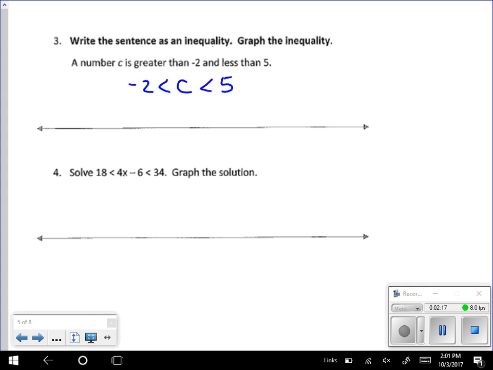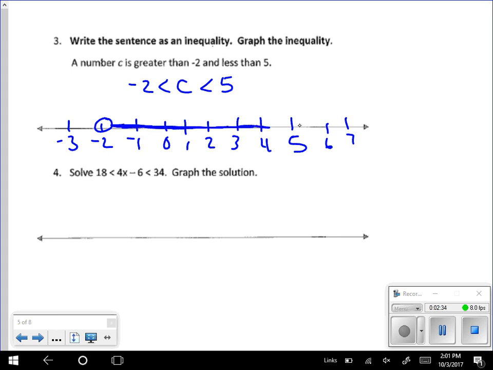So if we were to graph this, we could do an open circle at negative 2, but it's greater than negative 2. But then an open circle at 5, and it's less than 5. So we have that intersection there. So make sure you understand what graphs look like. So far these have all been and inequalities.